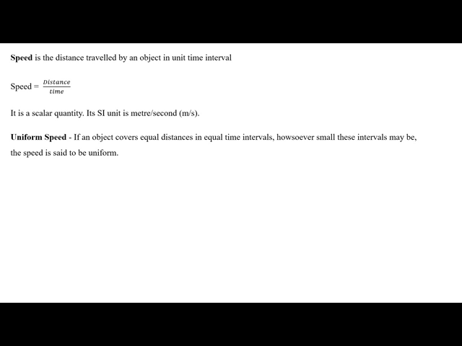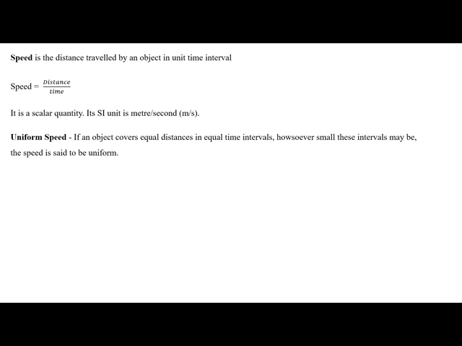At t2 it again traveled 2 meters. At t3 again it travels 2 meters. So you see, at t1 it traveled 2 meters, at t2 it traveled 2 meters, at t3 again it traveled 2 meters. So there is a uniformity in its traveling. So that is why we say it is said to have a uniform speed.